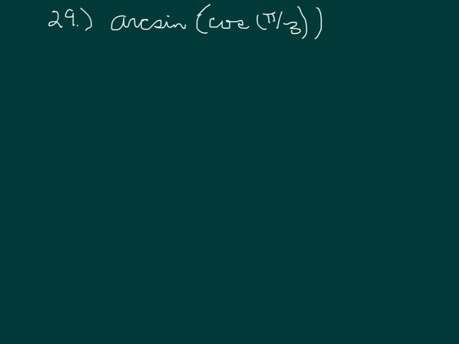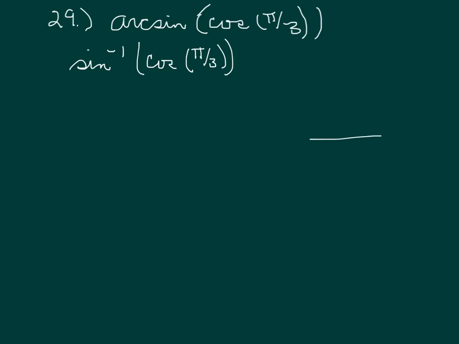Problem 29 is find the arcsine of the cosine of pi over 3. This is usually written sine^-1 of cosine pi over 3.